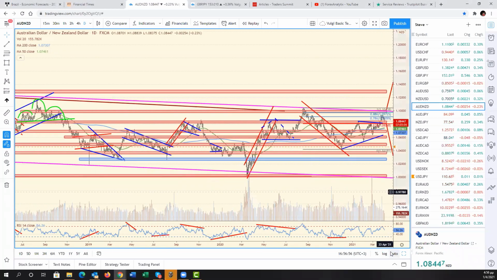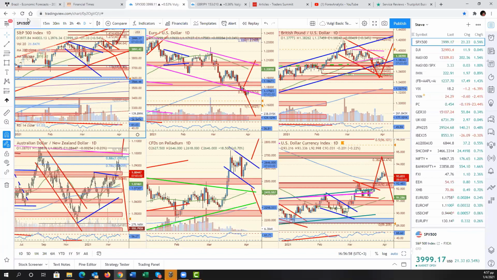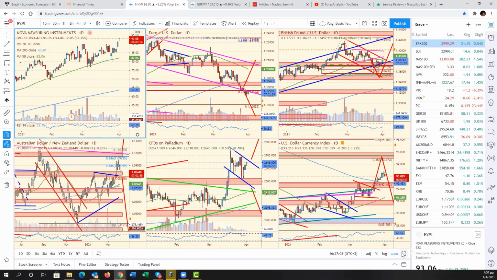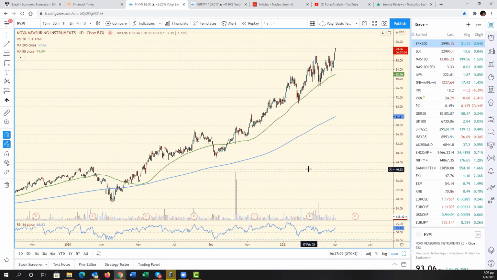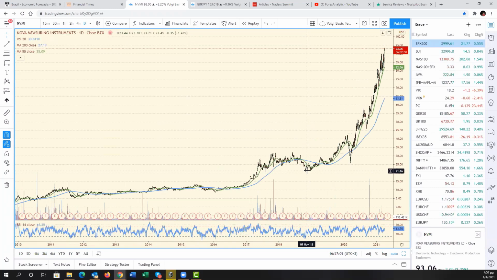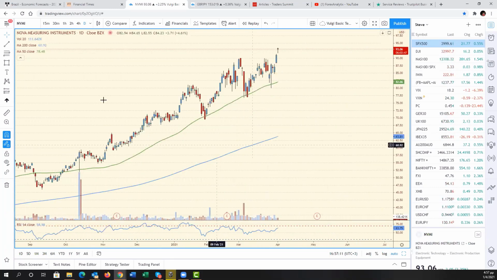NFMI, let me see what it is. I'm assuming now we're getting into stock territory, right? Yeah, don't buy this. I can tell you that much. Nova Measuring Instruments, don't buy this, whatever it is.